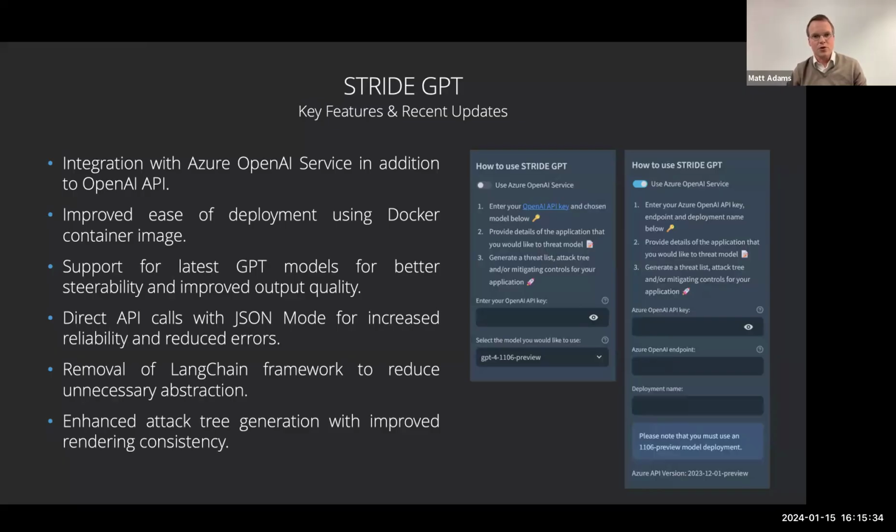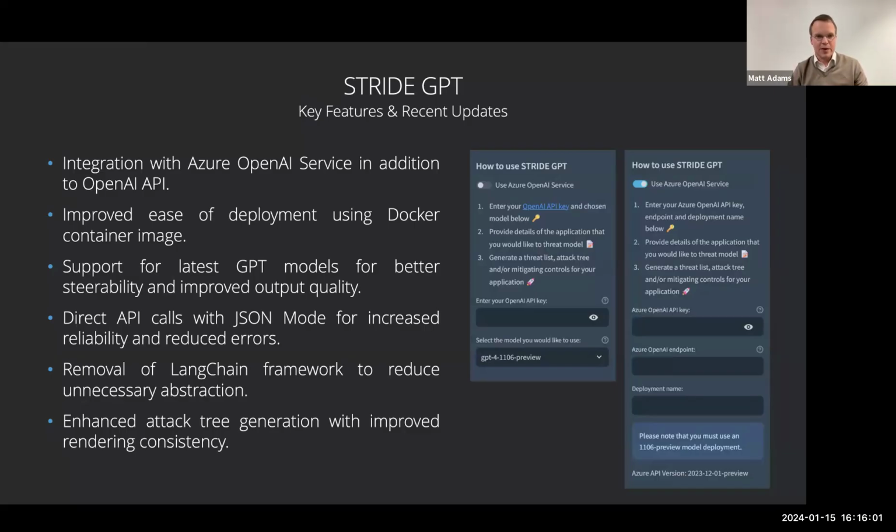Under the hood, the way that Stride GPT works is you have an application description and a number of other parameters that you capture. So information about what sensitivity of data you have, what types of authentication you support, whether you've got OAuth or MFA and things of that nature.